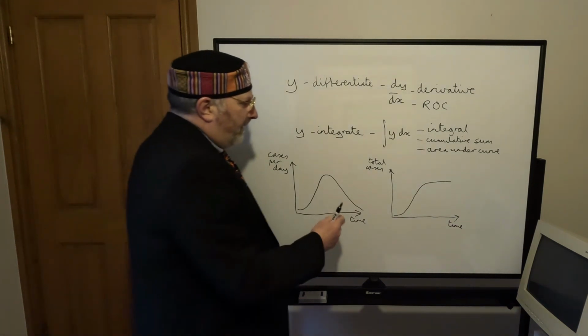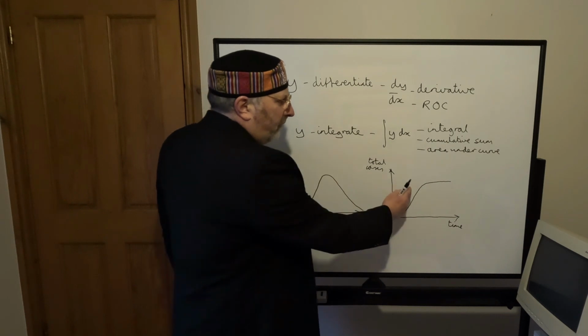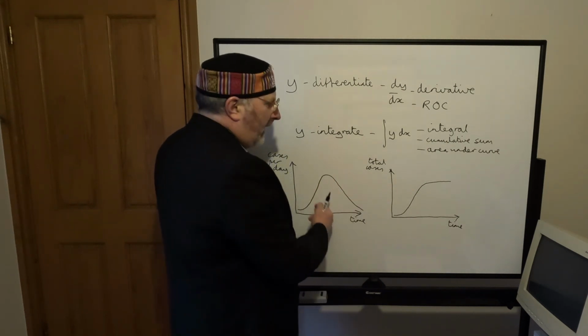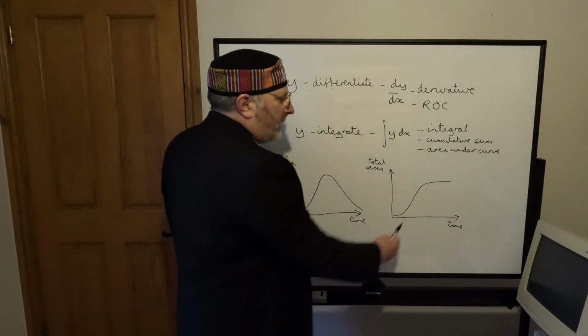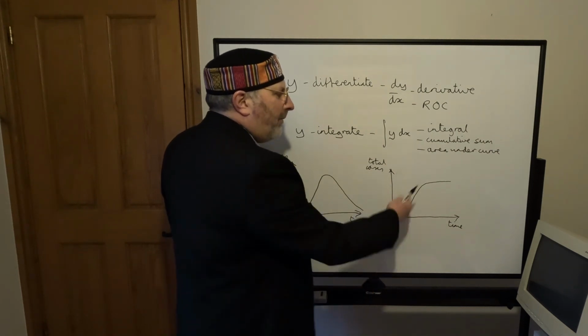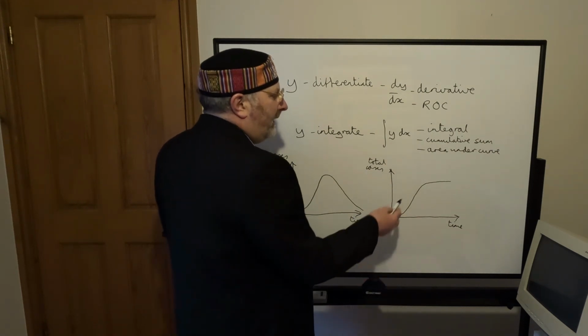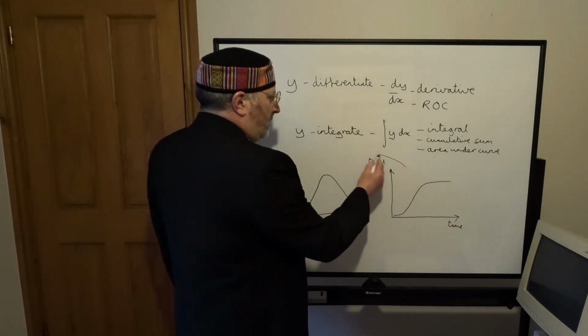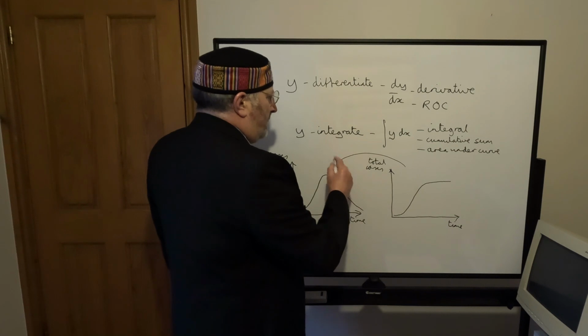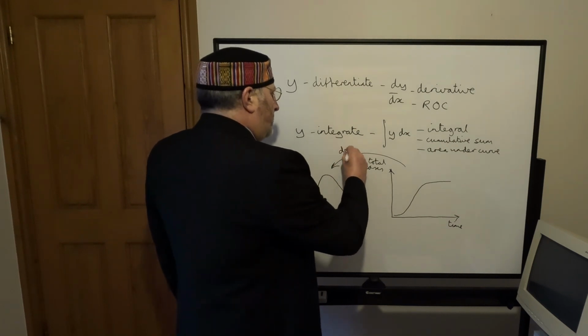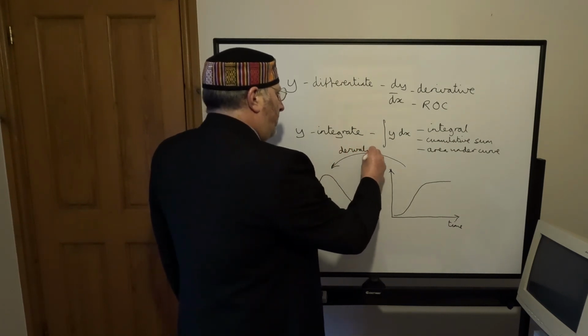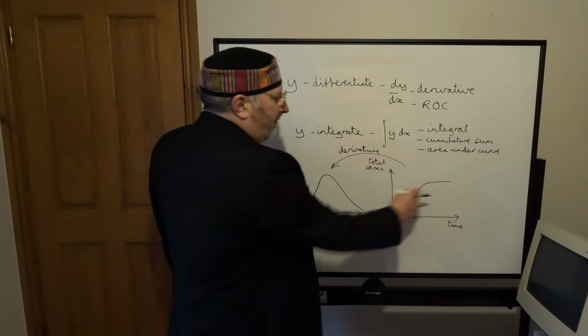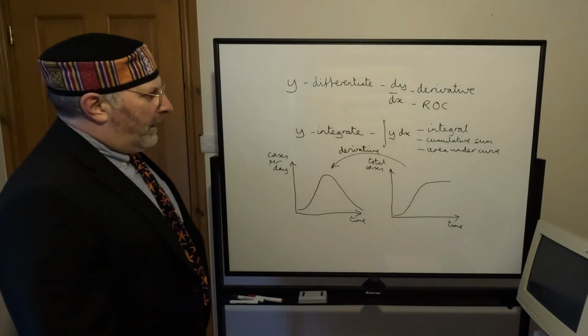Well, this is the derivative of that. The cases per day is the rate of change of the total cases. It's how many new cases were being added each day. So the cases per day is the derivative of the total cases.